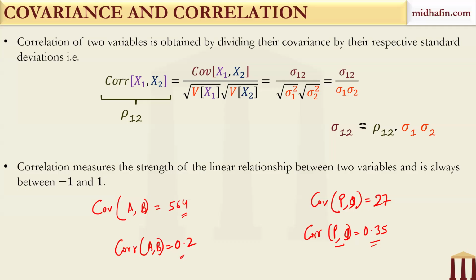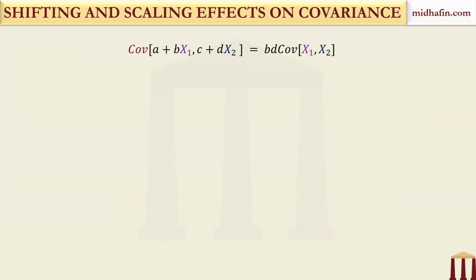Okay. Now, in the last class, you might remember that we transformed the variables, linear transformation, and we saw what effect that transformation has on different moments. So, in this case, we will see what effect the transformation on the two components has on the covariance. Again, we are taking linear transformations in both cases.